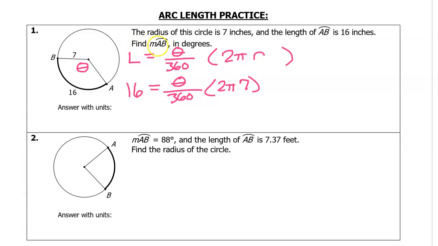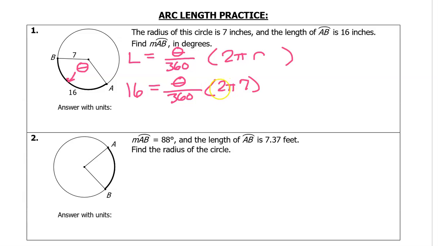Find the measure of arc AB in degrees. Well, that's just theta. I told you that the central angle and the measure of this arc in degrees are the same thing. So luckily, we have filled in all of the other variables except for theta. So it's just a matter of solving this equation for theta.